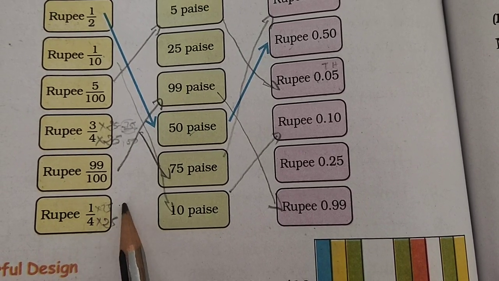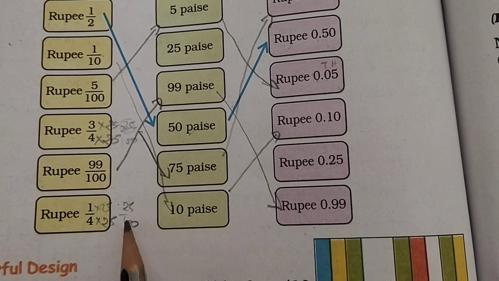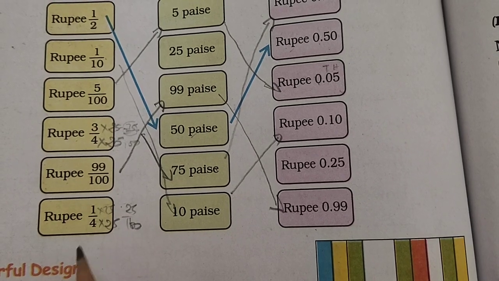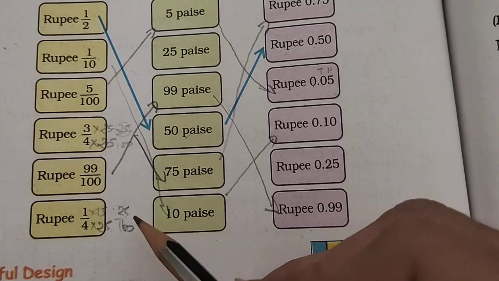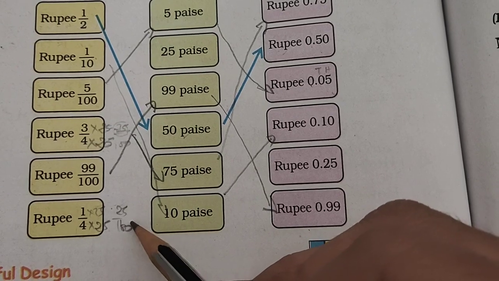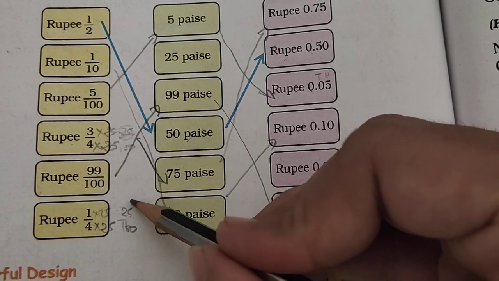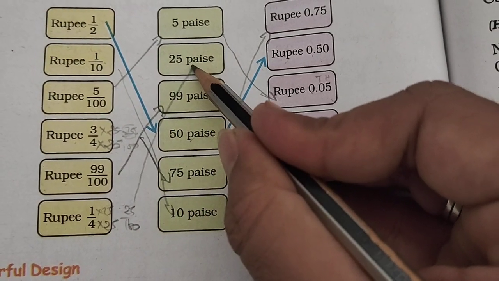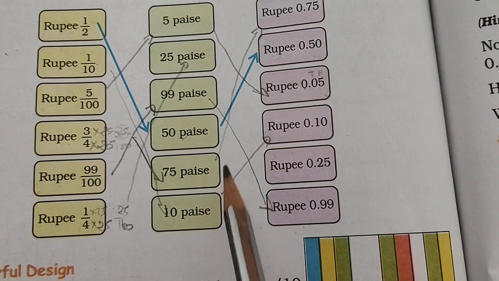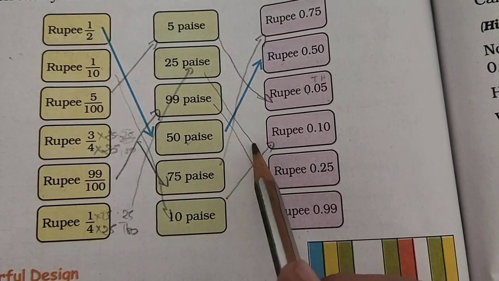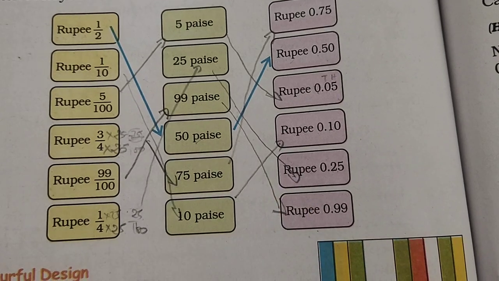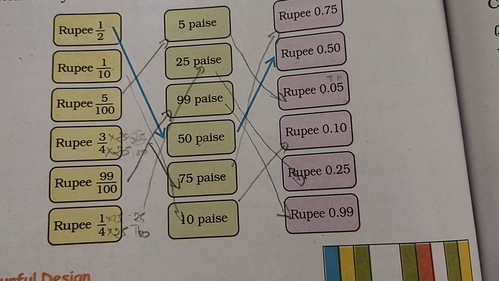So 25 upon 100. This is what they have given. They have given the equivalent fractions of the number. Now 25 upon 100 is 25 paisa. And in rupees it is 0.25. Understood, students?